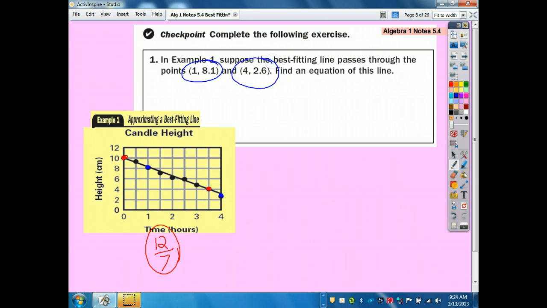What would the slope of your neighbor have been? 8.1 minus 2.6 on the top, 1 minus 4 on the bottom. Let's simplify that.